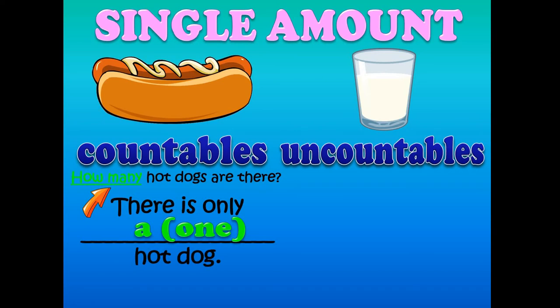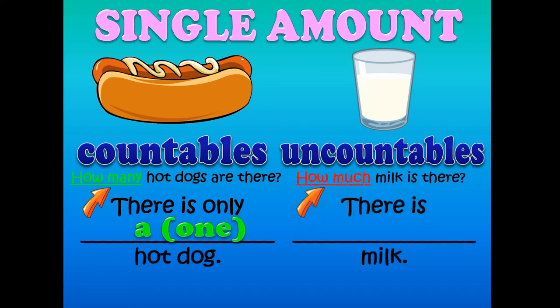In the second picture, the question can be, how much milk is there? And the answer can't be, there is one milk. It can't be, there is a milk, as we can't use numbers or the word a with uncountable nouns. Okay?